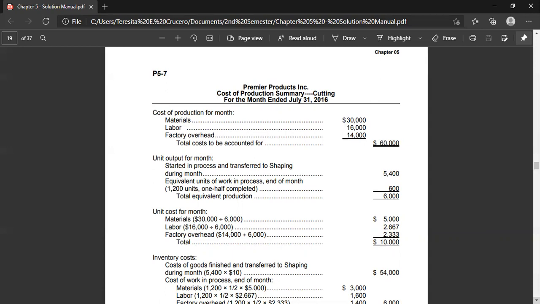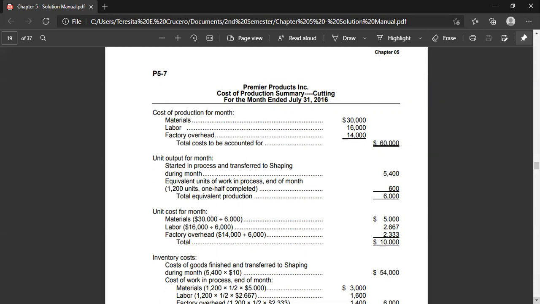Now in the problem in 5.7, we begin with the cost of production for the month, materials 30,000 given, and then we have your labor and factory overhead. Now you get this from the column amount charged to department. So you now get the total cost to be accounted for.